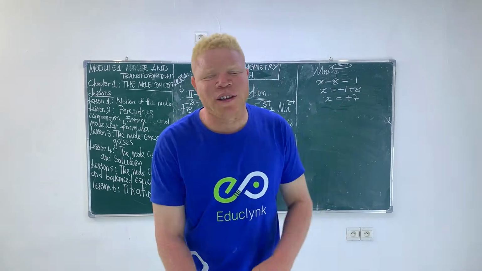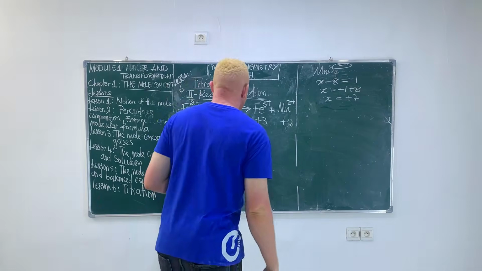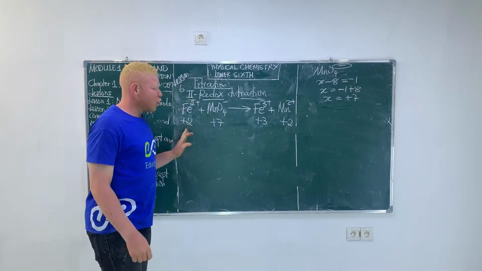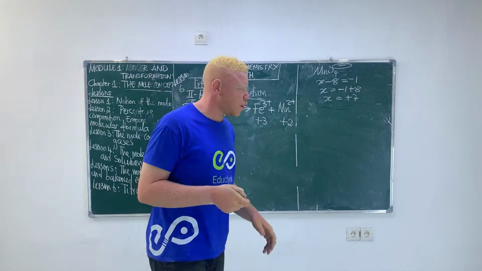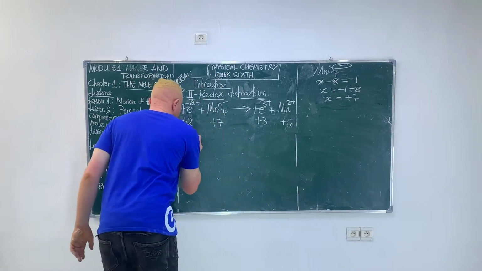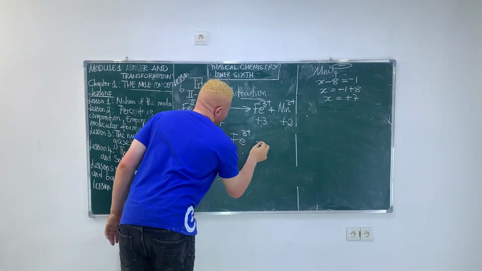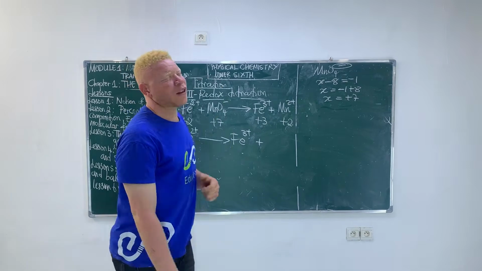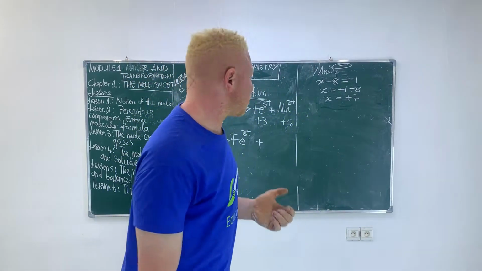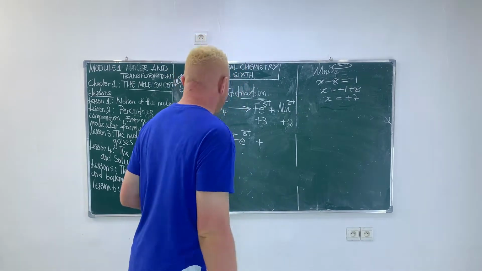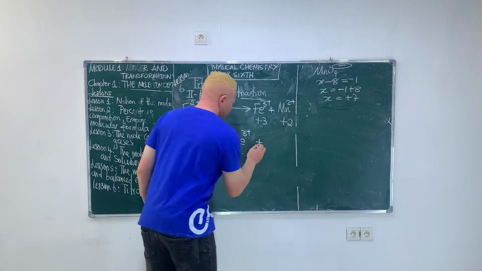We have realized that iron is being oxidized. Oxidation means an increase in the oxidation number. Iron is oxidized from +2 to +3. So I can write the oxidation half equation: Fe2+ is oxidized to Fe3+ plus 1 electron being lost. Oxidation is a loss of electrons, or an increase in the oxidation state, such that 3 minus 2 is 1 electron.